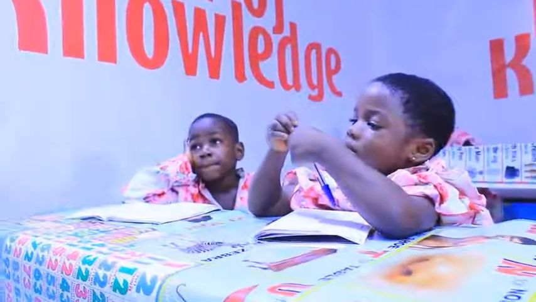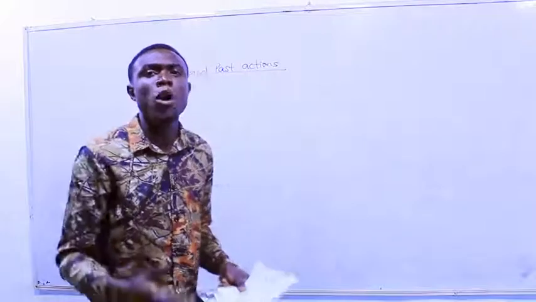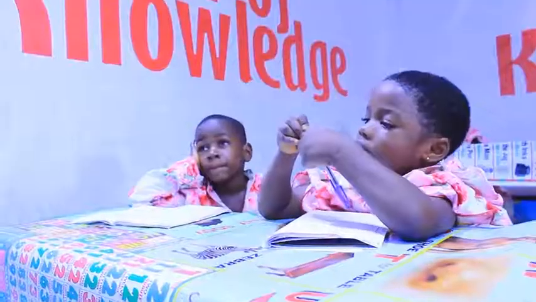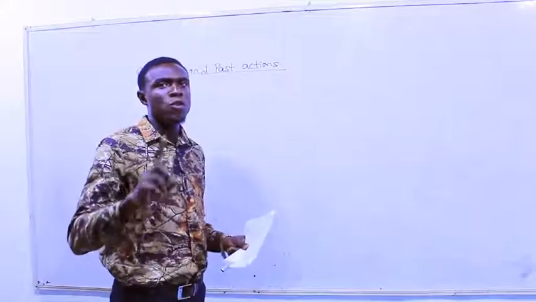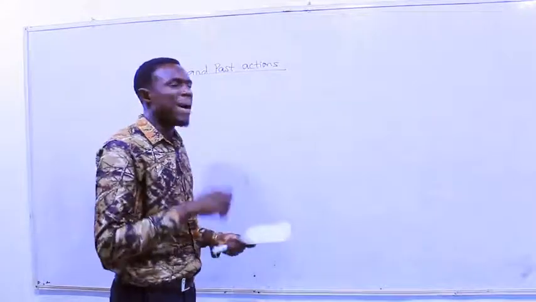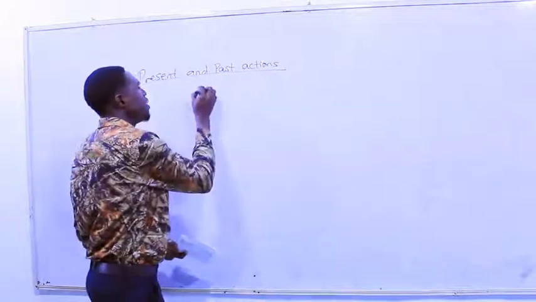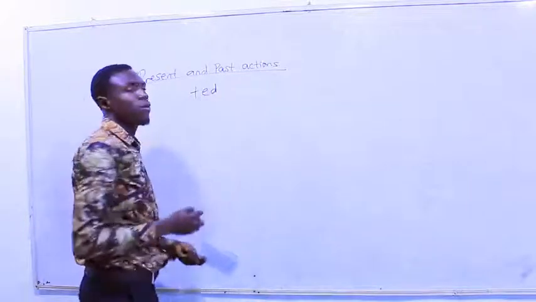Now let's look at how we can form words to become past actions. We can form words to become past actions in this simple way. Number one, by adding ed to some words.